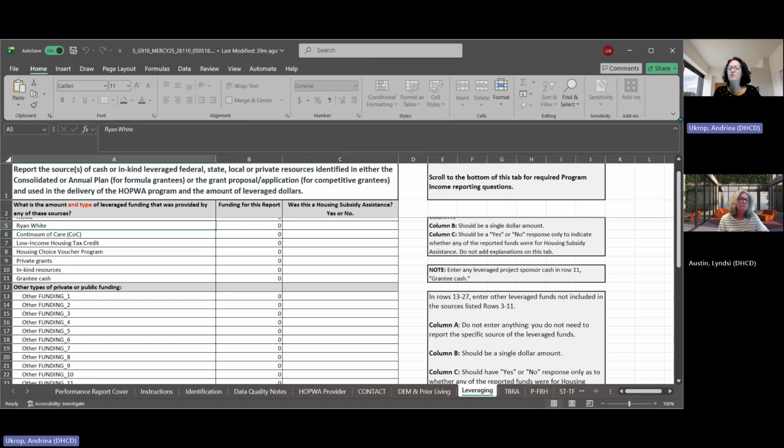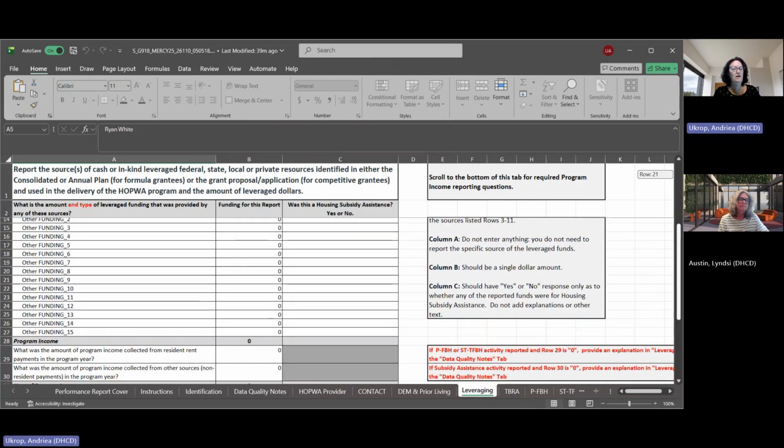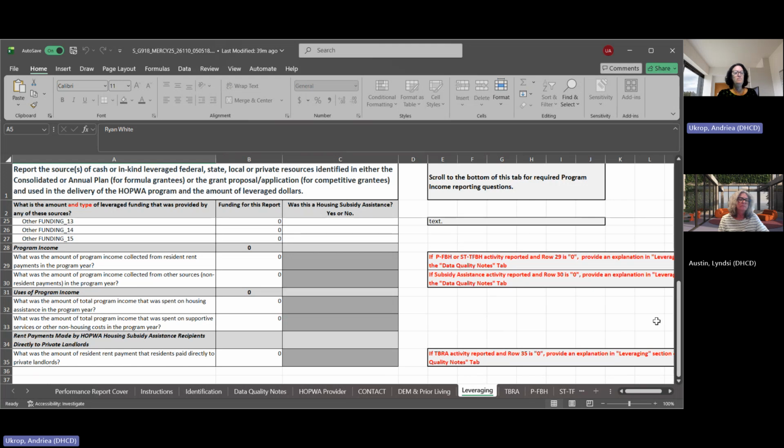All right, we're now going to move down to program income here for row 29 and 30. As a reminder, grantees should not be collecting program income, so these should be 0. And then again, since you should not be collecting program income, 32 and 33 should also be 0.